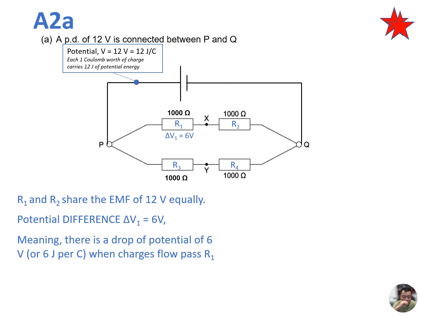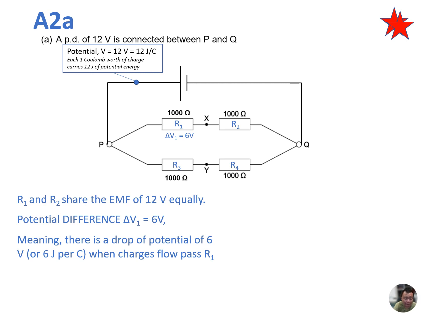We then trace back the path of current from the battery. When the charges first flow out of the battery, immediately they would have received potential energy from the battery. So these charges carry this potential energy and they move around the circuit and pass this potential energy to the components.